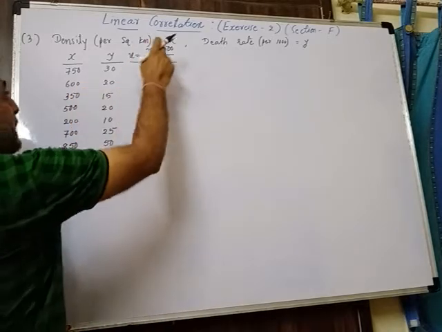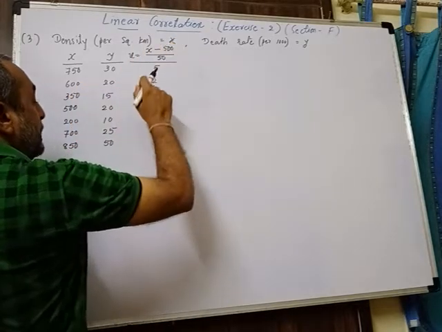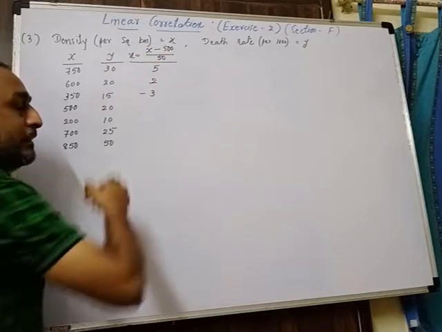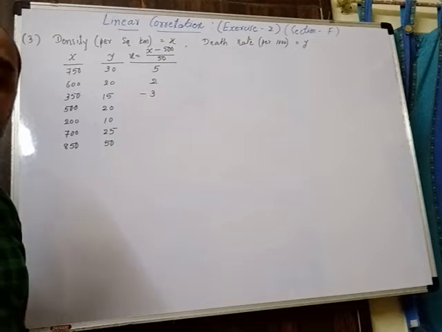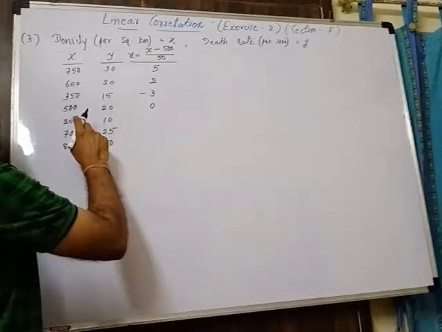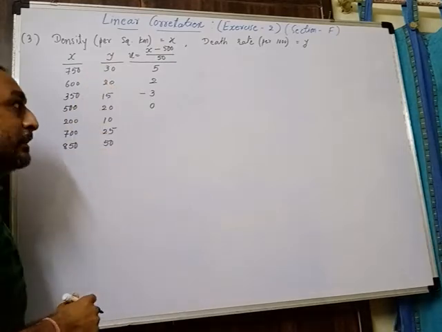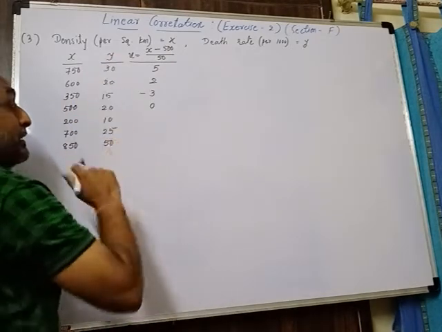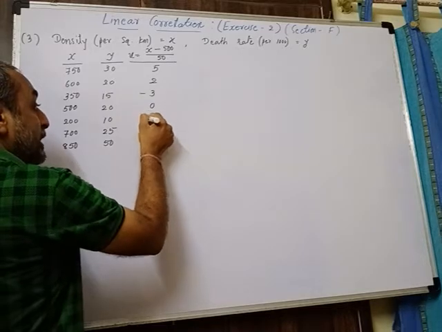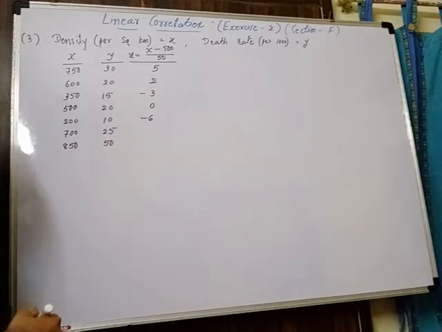Then 350 minus 500 is minus 150, and minus 150 upon 50 is minus 3. 500 minus 500 is 0. 200 minus 500 is minus 300, and minus 300 upon 50 is minus 6.